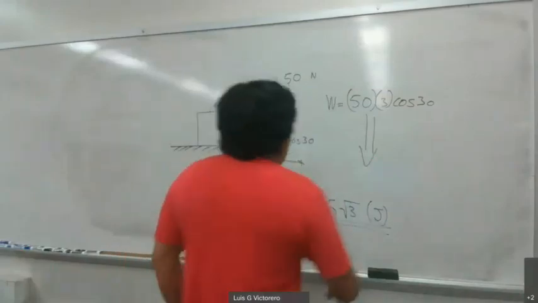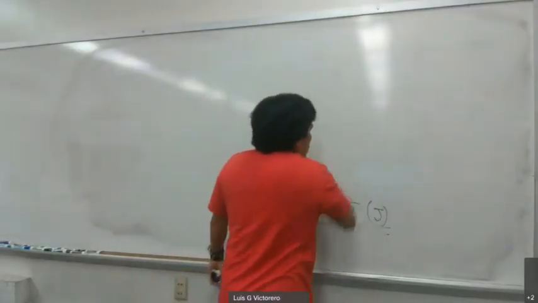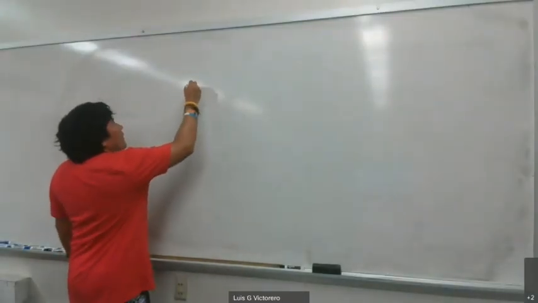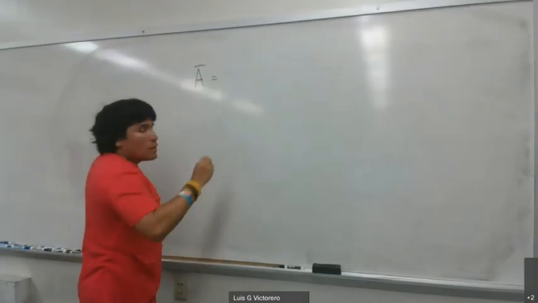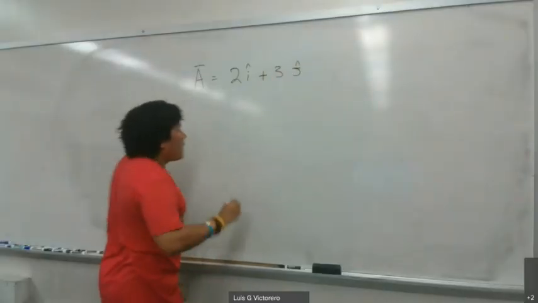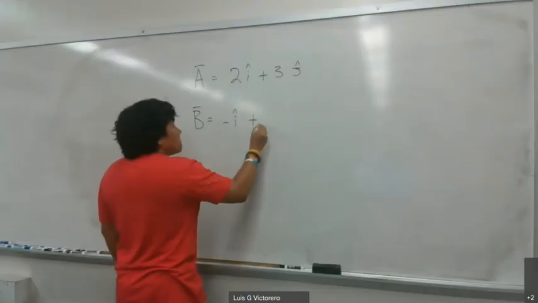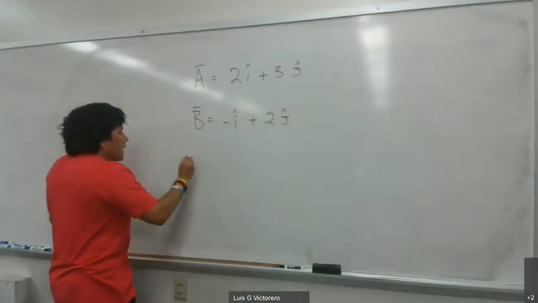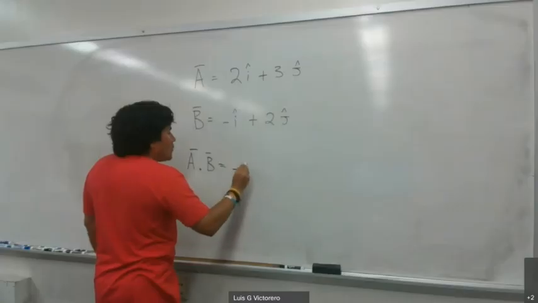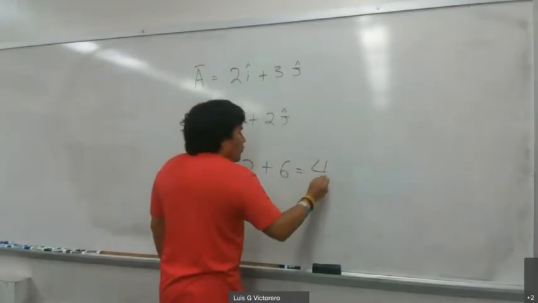So let's remember, guys, that for a given vector A and vector B, A dot B is minus 2 I times I is 1, 2 times 3, 6, is equal to 4.